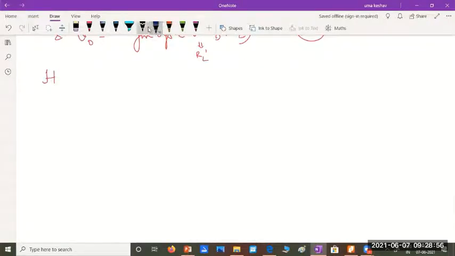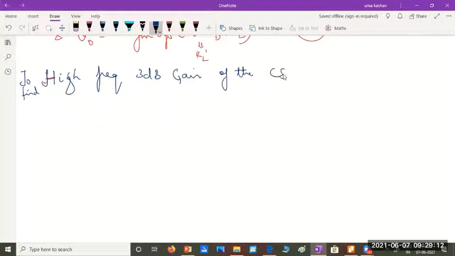So the next step is to find the high frequency 3 dB gain of the CS amplifier. I hope there is no doubt in finding the mid-frequency gain.